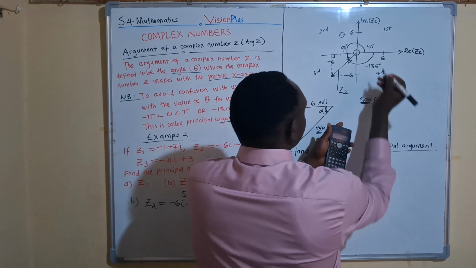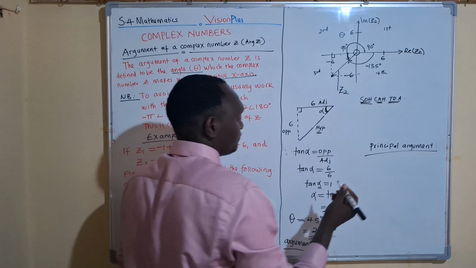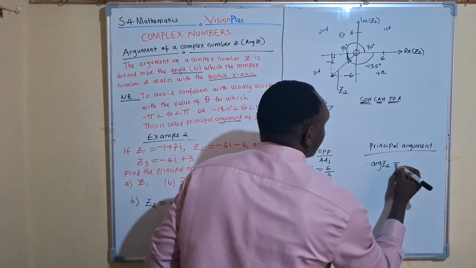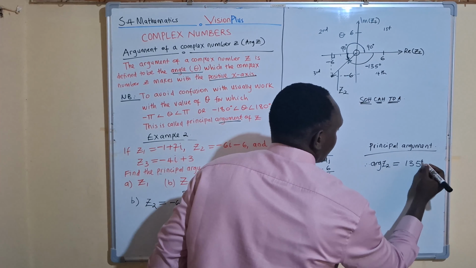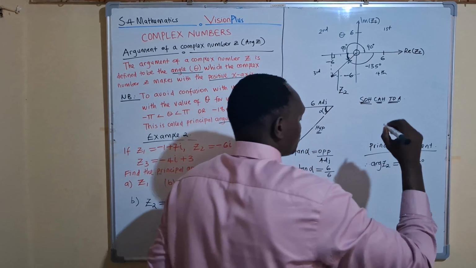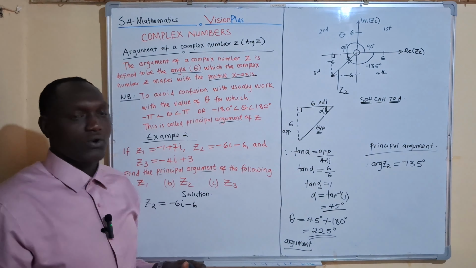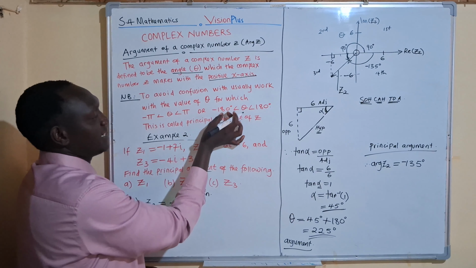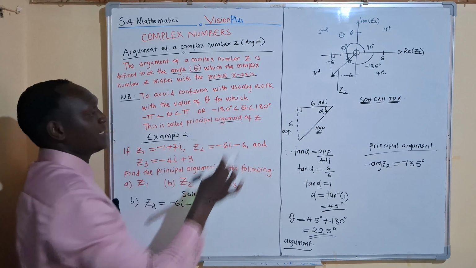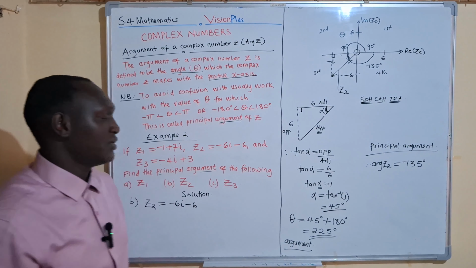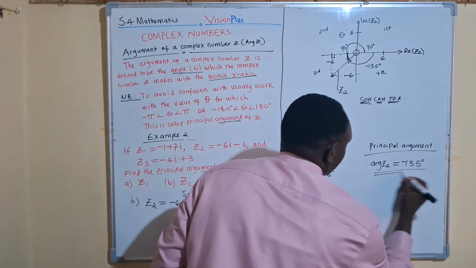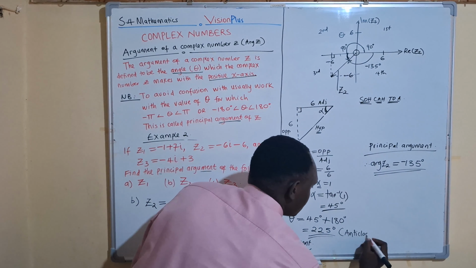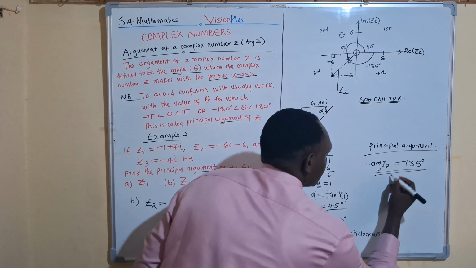But we say it is negative, because we are taking it clockwise. So the principal argument of Z2 becomes negative 135 degrees. Negative 135 is bigger than negative 180, so it lies in the range. So this is the principal argument and this is the argument. This one is anti-clockwise and this is measured clockwise.